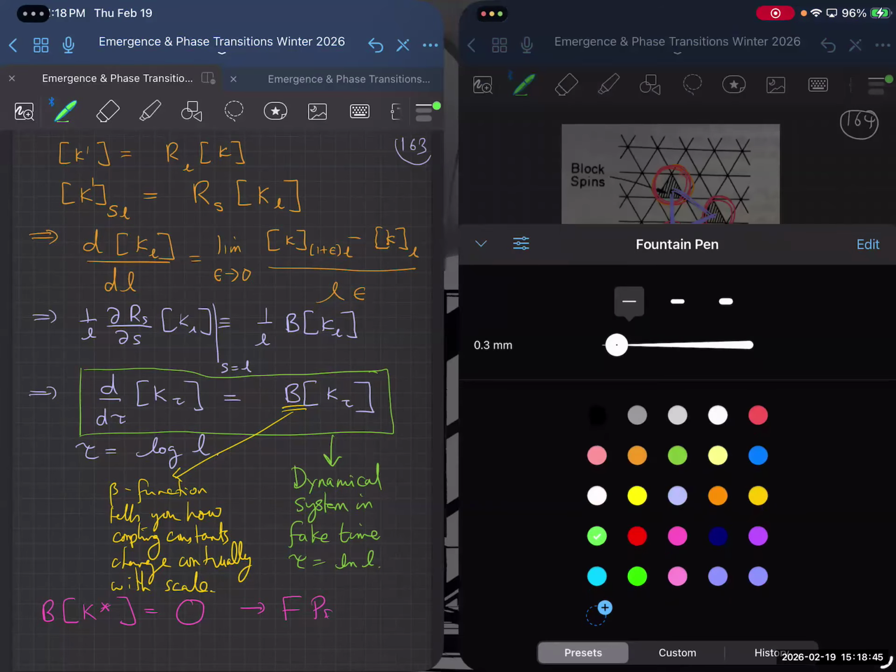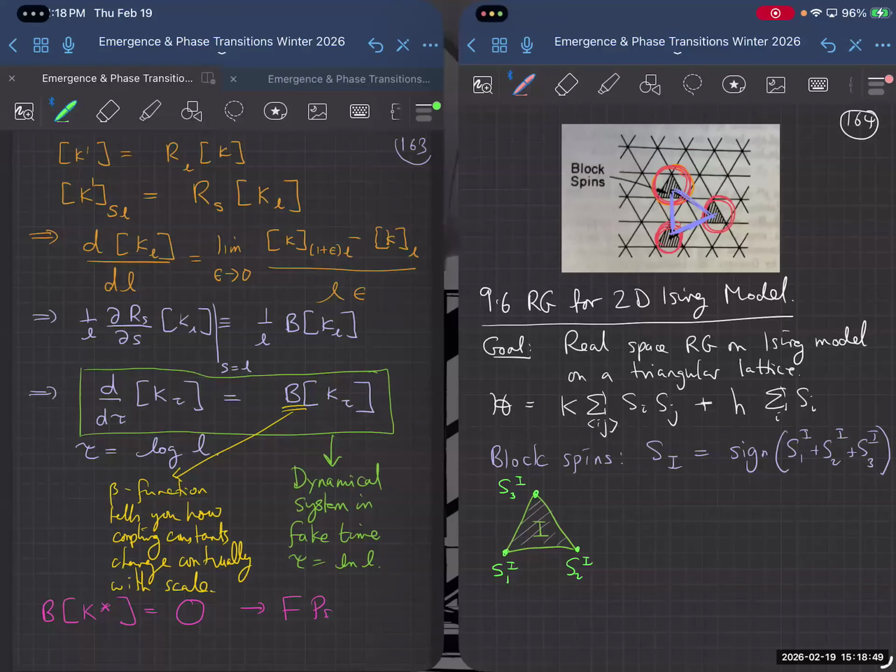And we can do some simple geometry. So we can ask ourselves, the block spin lattice, which is in blue on the picture, is enlarged from the original lattice by a factor.